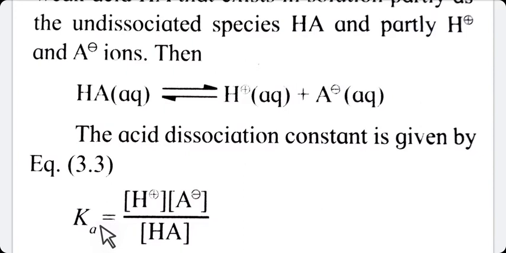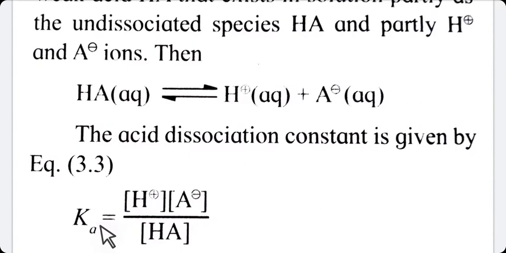Okay, means 1 mole of acid, and the acid is nothing but HA. So 1 mole of acid HA is initially present in volume V decimeter cube of the solution.